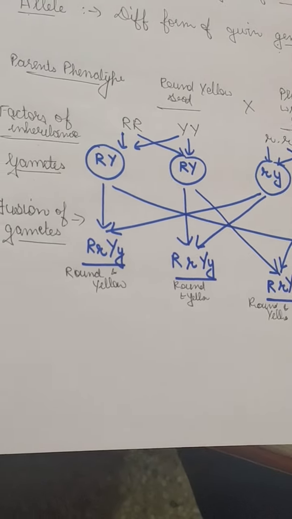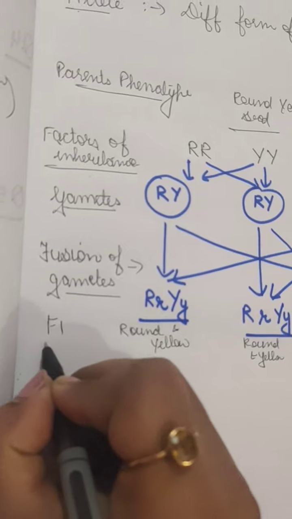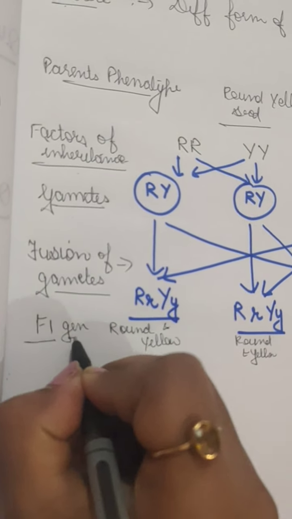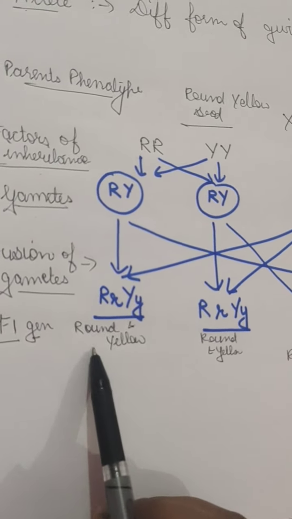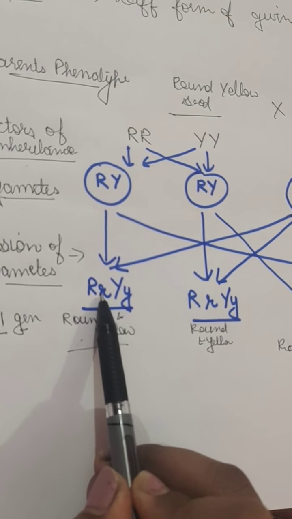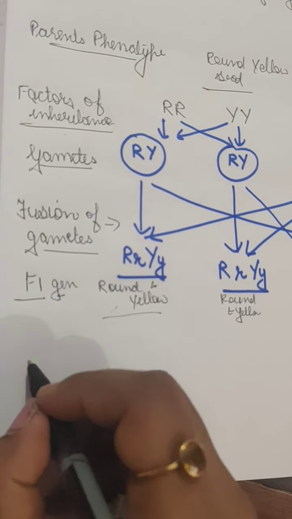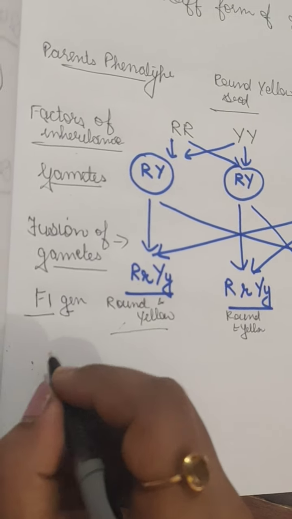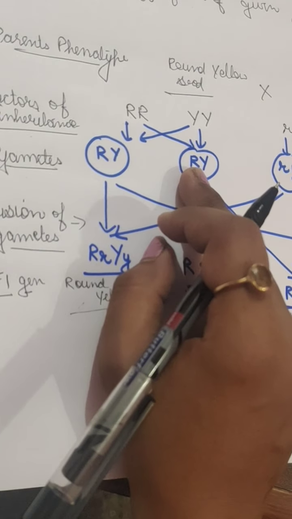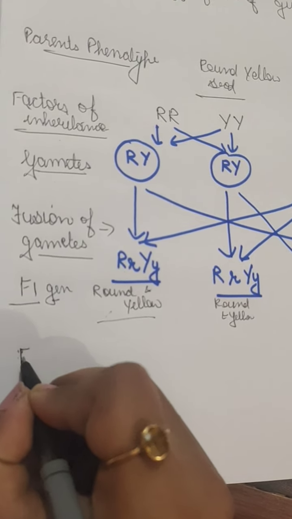Okay, so this is the F1 generation. So when we see the color, it's called the phenotype, and this is the genotype. Okay, so we will again cross them. It was the parental cross first, now it will be the F1 cross.